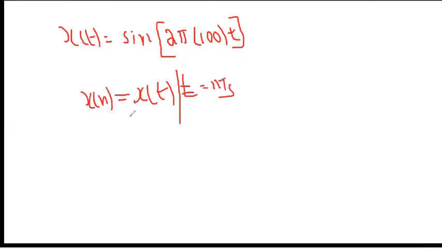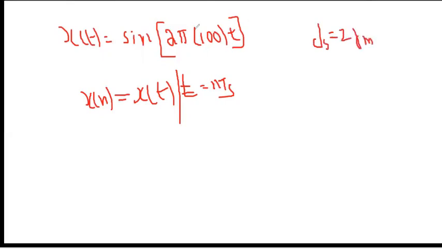To change it from a continuous time function to a discrete one, we substitute t is equal to n into ts, which is n by the fs. How can we find fs? Taking fm, fs is equal to 2 into fm.